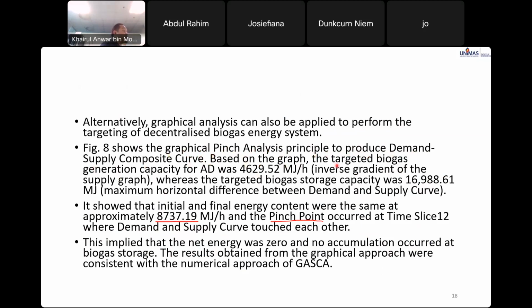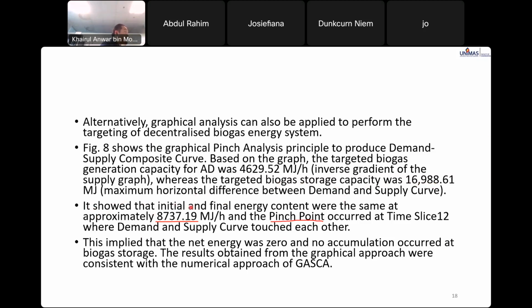The targeted biogas generation capacity for AD was 4,629, the inverse gradient of the supply graph, whereas the targeted biogas storage capacity was 16,988, referring to the maximum horizontal difference between demand and supply curve.